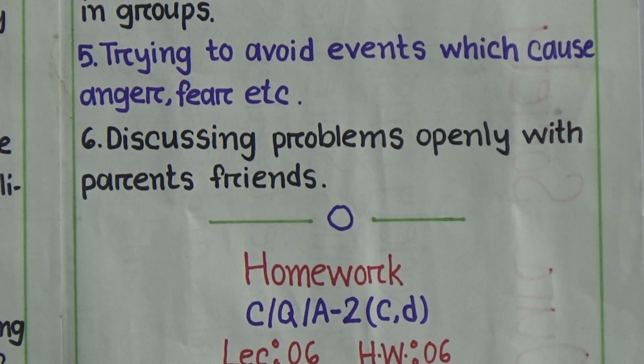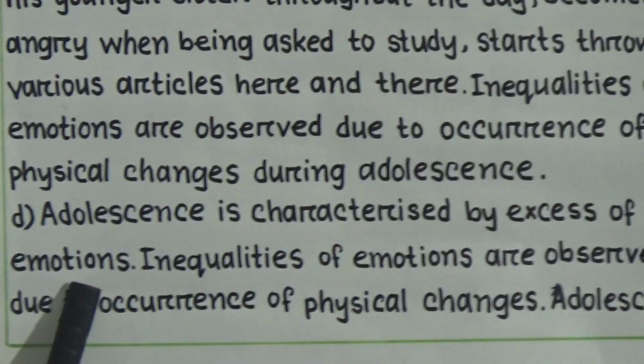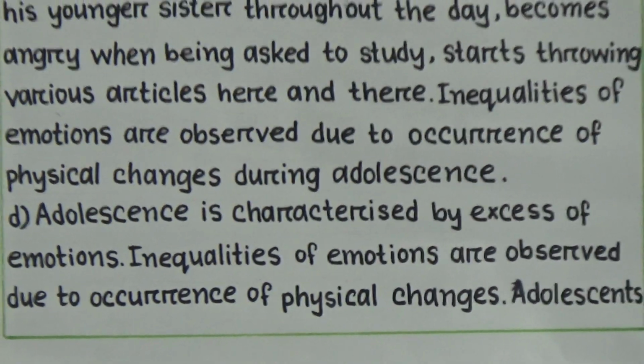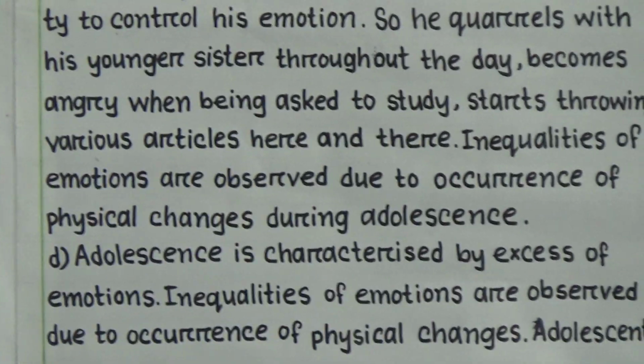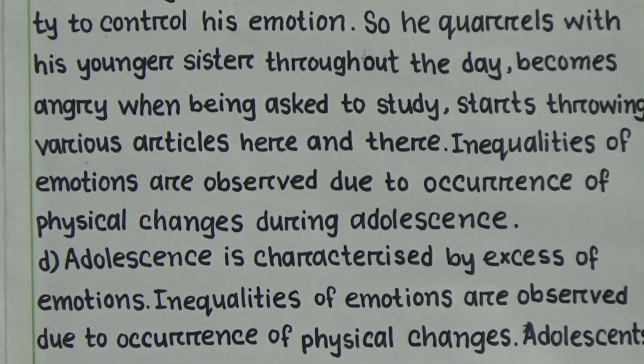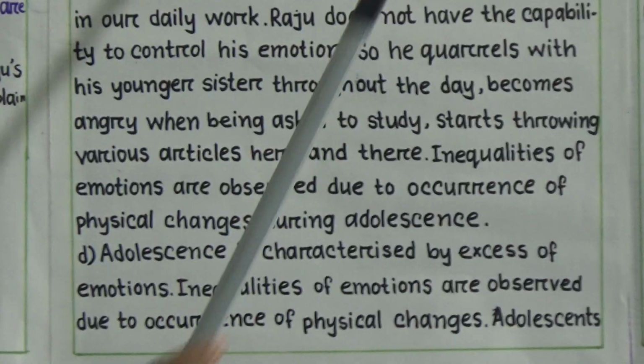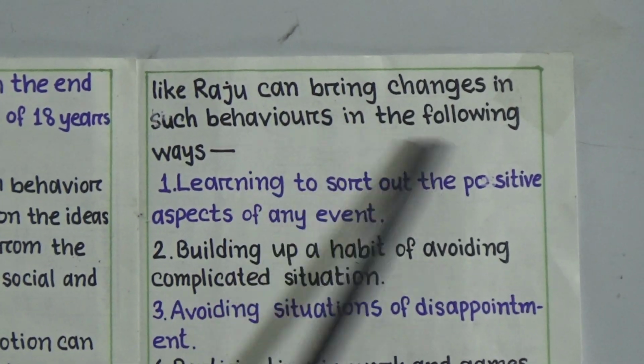So students, we know that adolescence is characterized by excess of emotions. We talked about the answer of C, that there are two types of emotions, positive and negative. So we have to control these emotions, and like Raju, we can bring changes in such behaviors in the following ways.